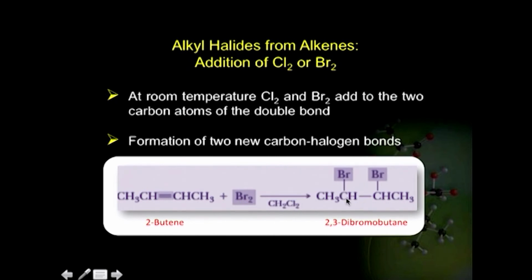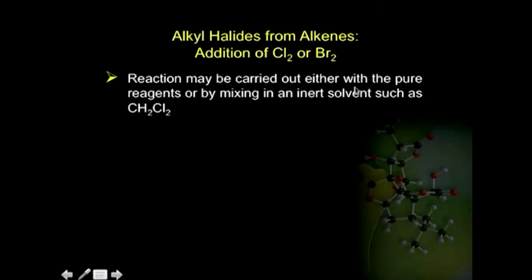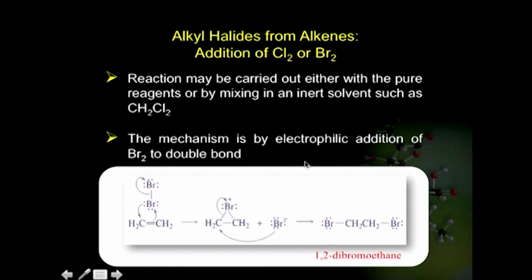Both of these get attached to 2 carbon atoms and give an addition product. The reaction may be carried out either with the pure reagents or by mixing in an inert solvent such as dichloromethane. The mechanism is by electrophilic addition of bromine to the double bond.